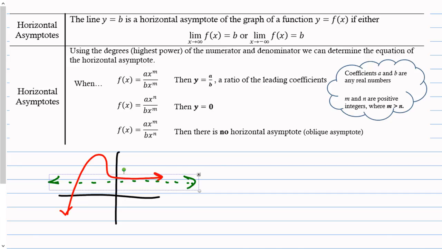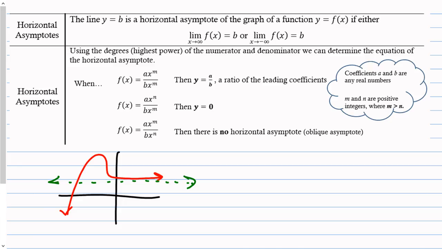Now, what I'm trying to prove with this is horizontal asymptotes don't work like vertical asymptotes. Functions do not pass vertical asymptotes. They are a break in the graph, and they don't go through a vertical asymptote. But graphs are allowed to go through horizontal asymptotes. I wanted you to be aware of that.